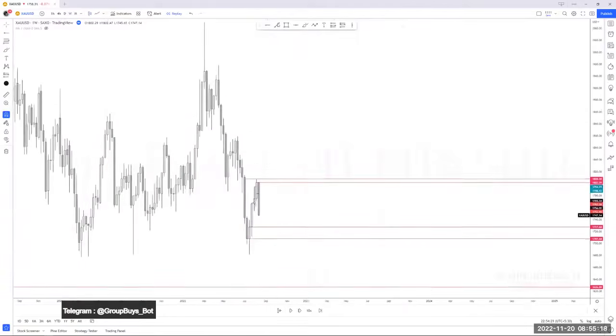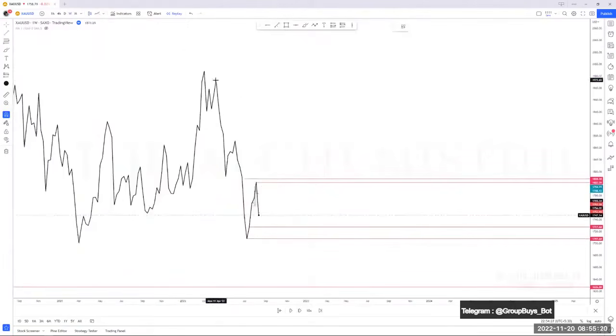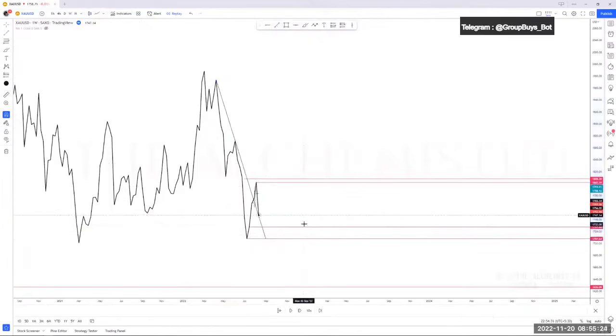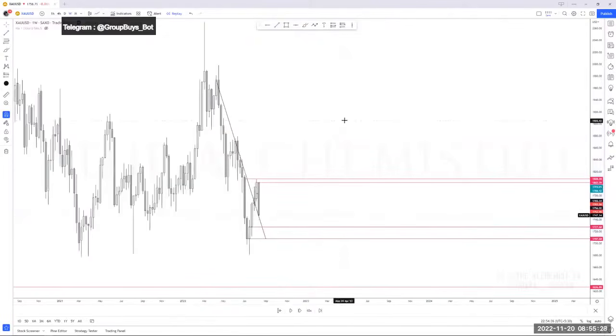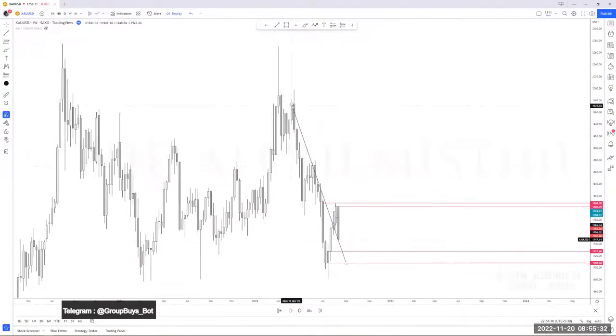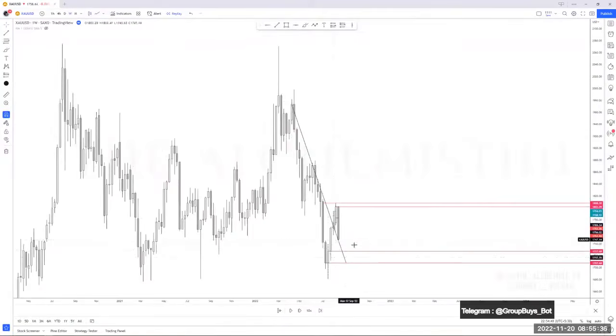Now I showed you there was a weekly trend line as well. All of those are things you should pay attention to only if you are trading pullbacks. Now you see how much you need to pay attention to: trend lines, support and resistance levels, open and close levels, all that stuff.